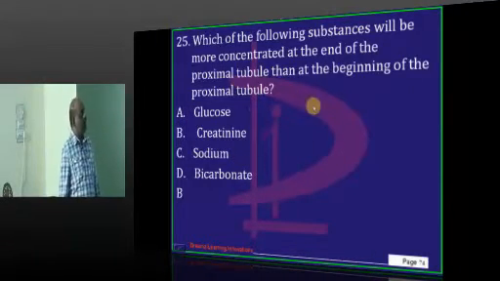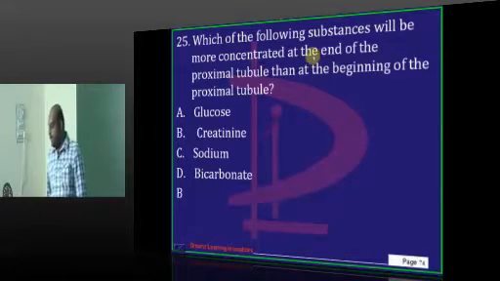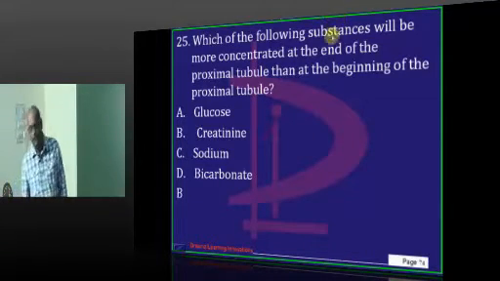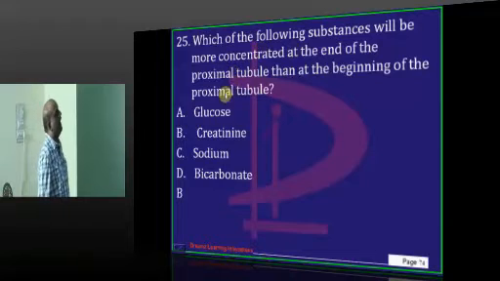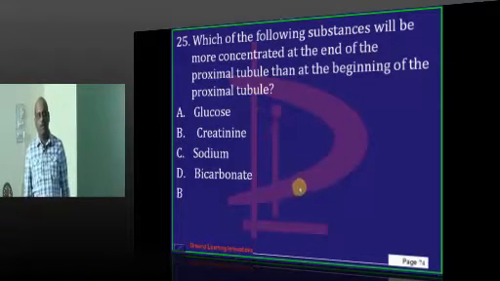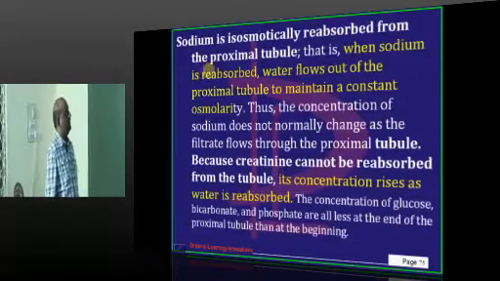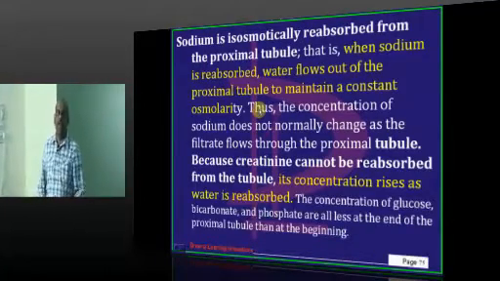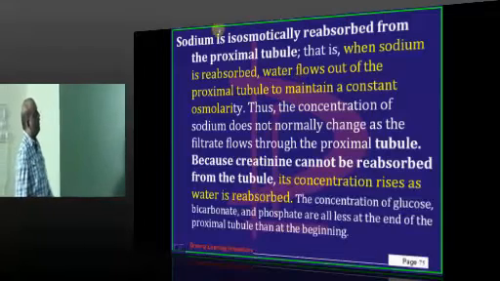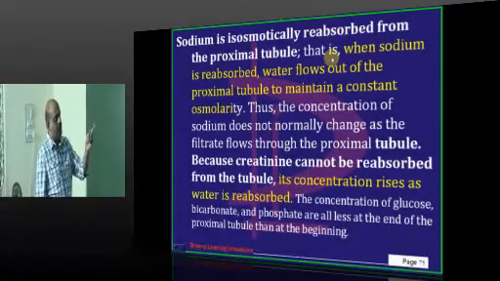Now coming to the proximal tubule, which substance will be more concentrated at the end of the proximal tubule is a very, very important question. Let us look into it. If you look at the sodium, sodium is isoosmotically reabsorbed.